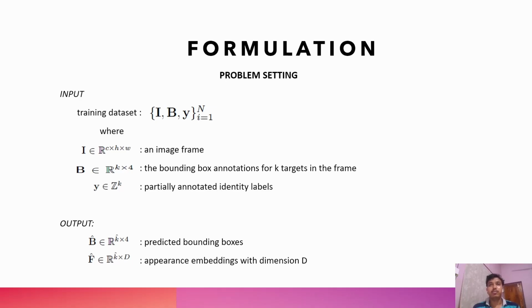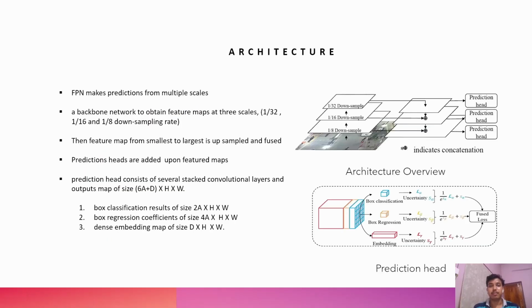The bounding box annotations are present for all elements of the dataset, whereas the identity labels Y are present for only some portion of the training dataset. The output is the predicted bounding boxes, B cap, and the appearance embedding with dimension D, F cap.